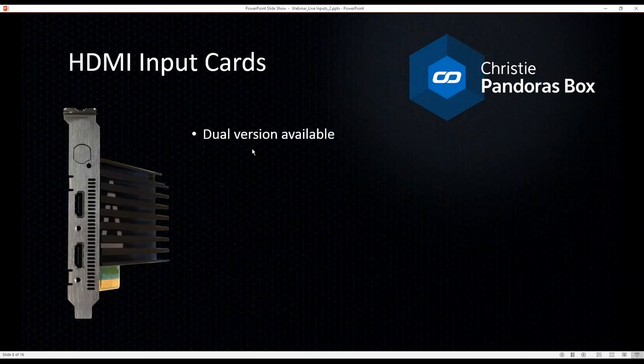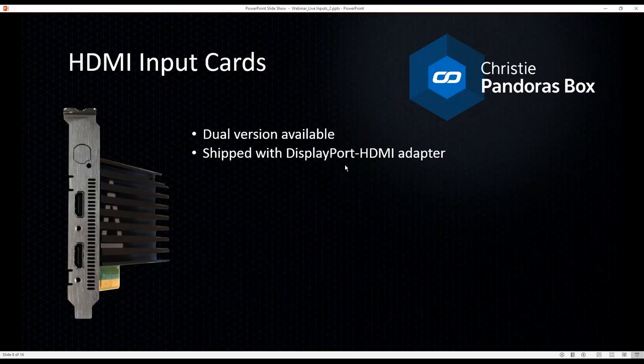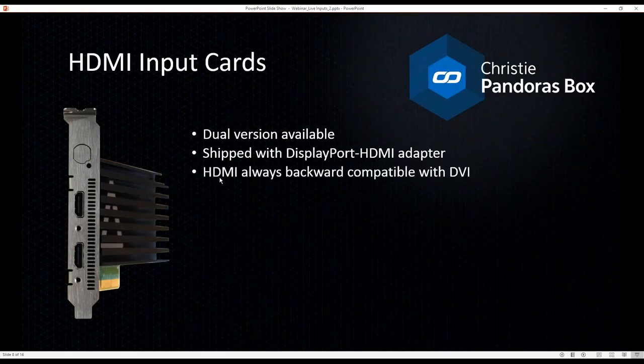This one comes with 2 ports always. We ship it with a DisplayPort adapter, so you can connect also, for example, a player or a server to it if you want to. HDMI itself is always backwards compatible with DVI. So it doesn't matter whether you have a DVI or an HDMI or a DisplayPort signal, all of them can be processed by this board.